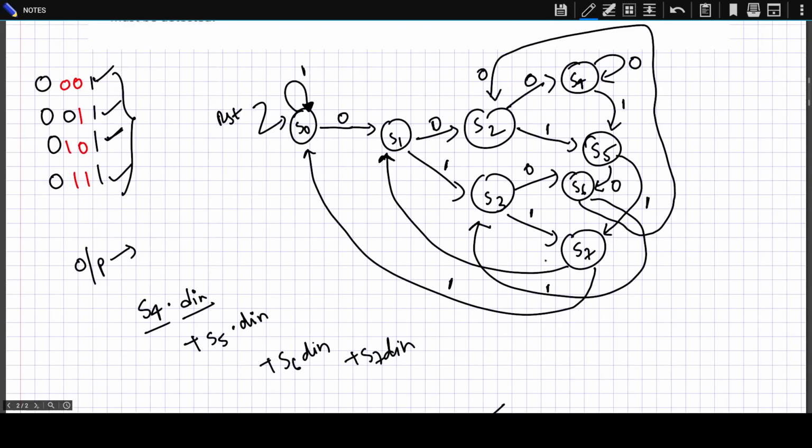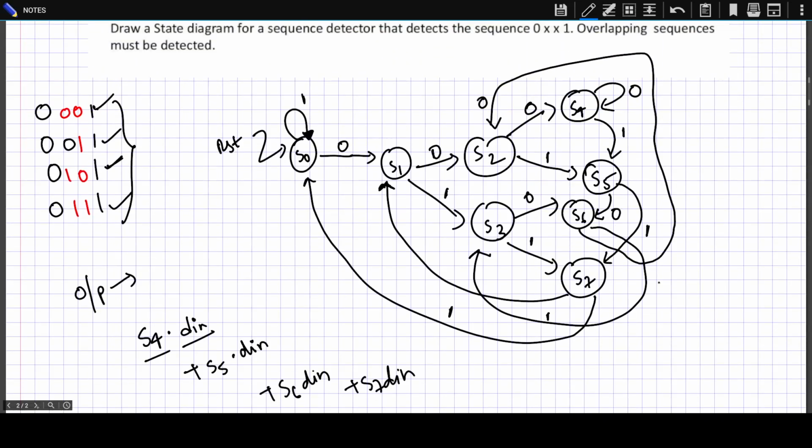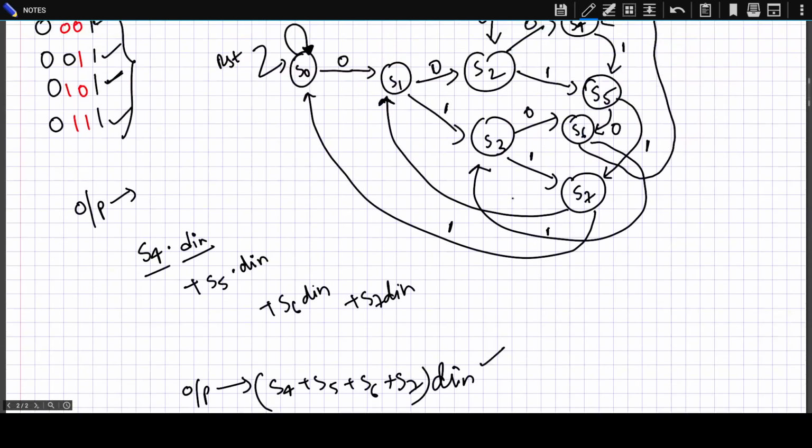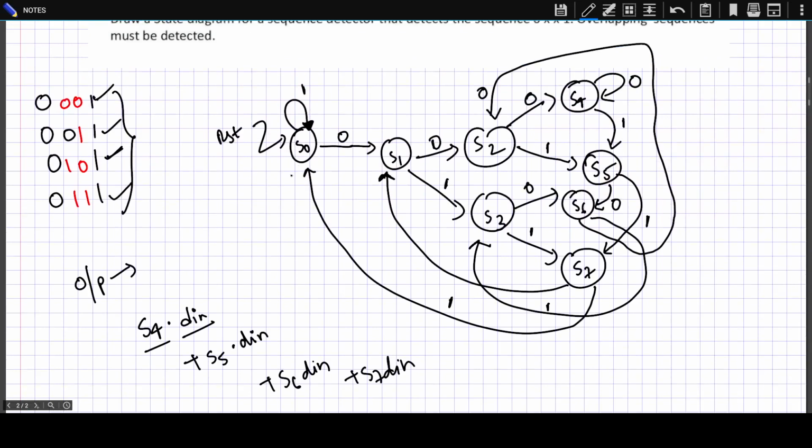For design equations, you need to see how many states are there and then choose the number of flip-flops you need. We have a total of 8 states. For 8 states, 3 flip-flops would be enough, because 2 power 3 is 8. We have 8 states including S0, so we number each state.